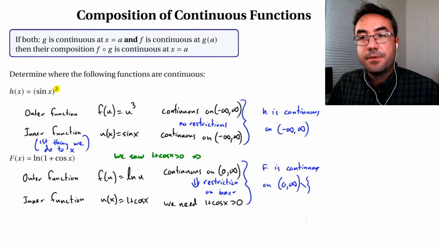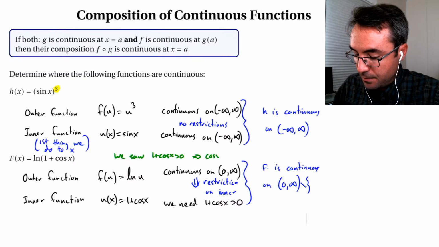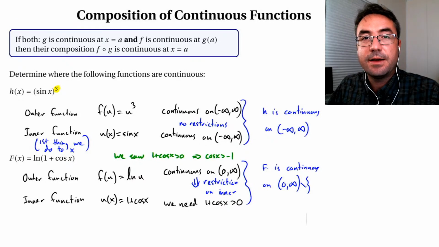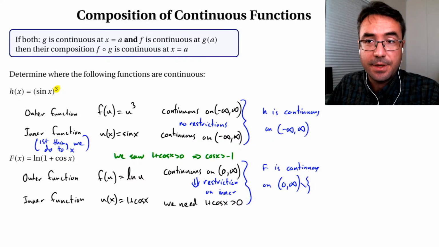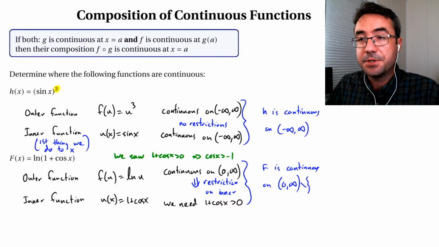And that happens only if cosine x is greater than -1. Cosine x is almost always greater than -1, and the only places where that's not true is where cosine is equal to -1.